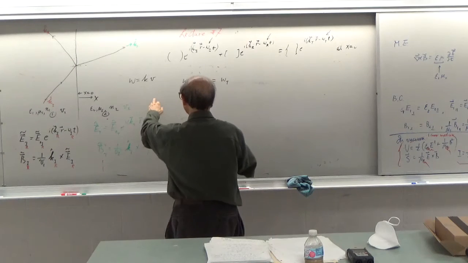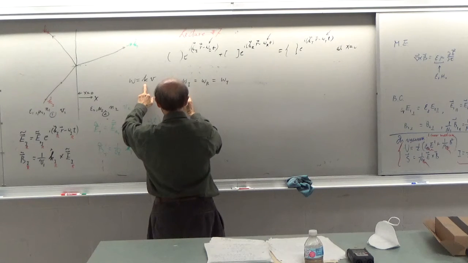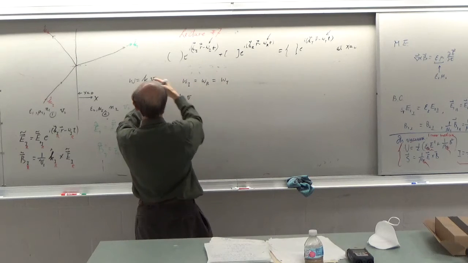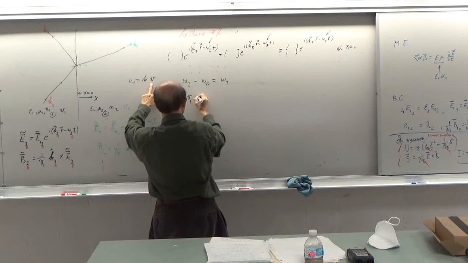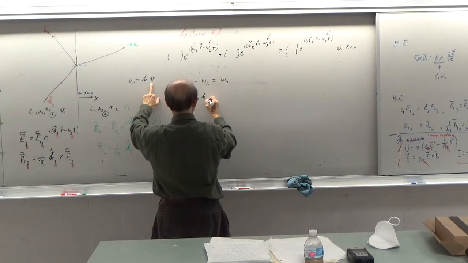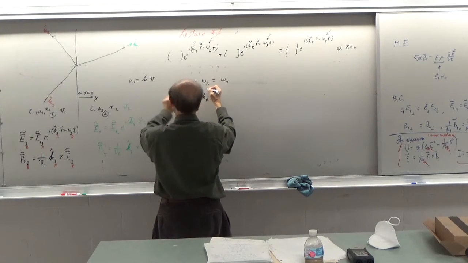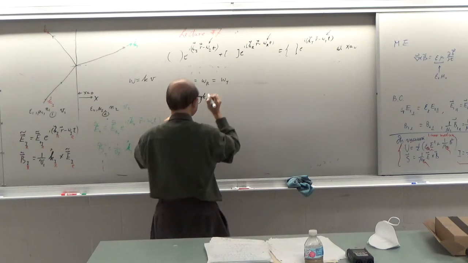So that we deduce that k_i times v, where v is the one in the first medium, v1, has to be equal to k_r times the velocity, which is also v1.